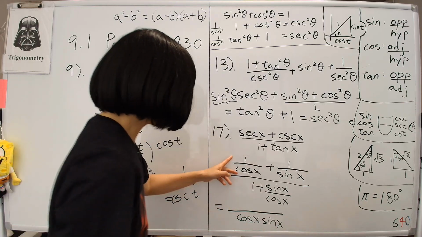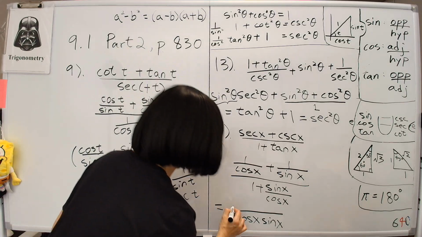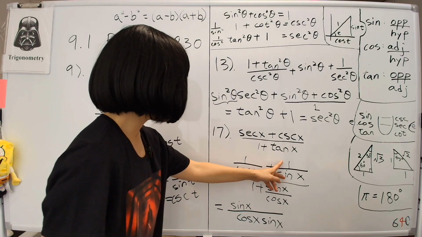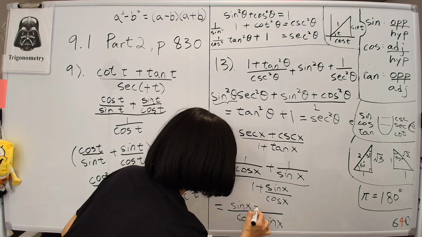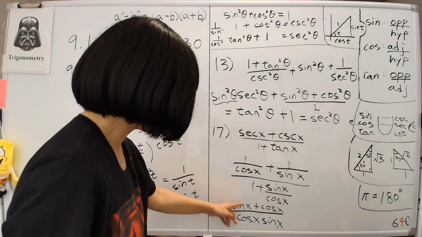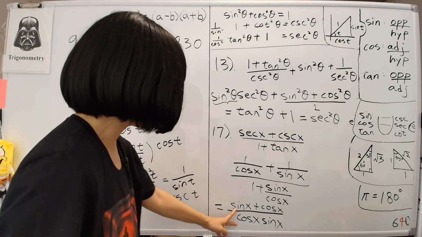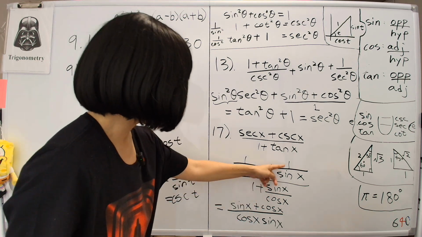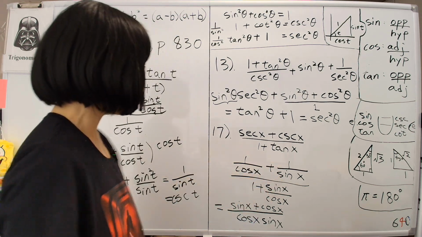This part becomes sine x, and that part becomes cosine x, because when you do division, this cancels this part out, becomes 1 over cosine x, and then that part cancels out, becomes 1 over sine x.